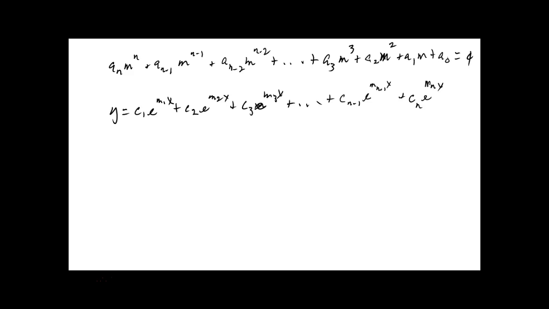As long as your a's are real constants, and that's what they're assumed here, a's are all real, no complex constants, then if you have any complex solutions, m, the a's are real, but the m's could come up being complex, they always show up in complex conjugate pairs.